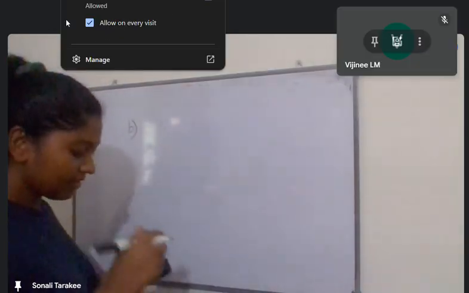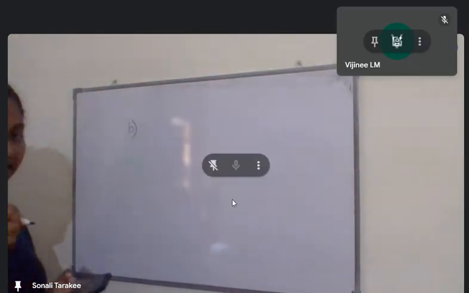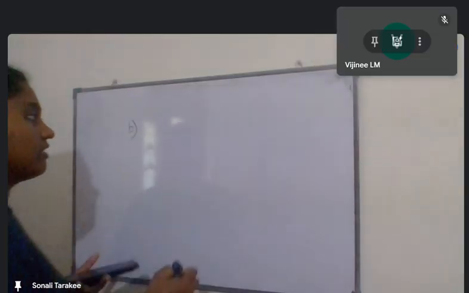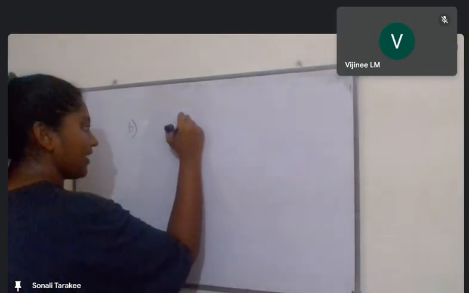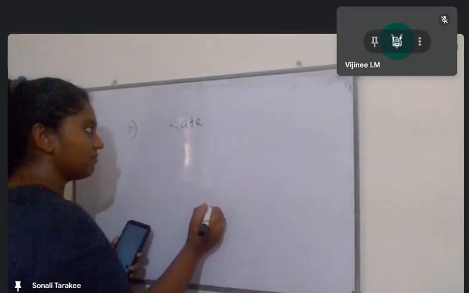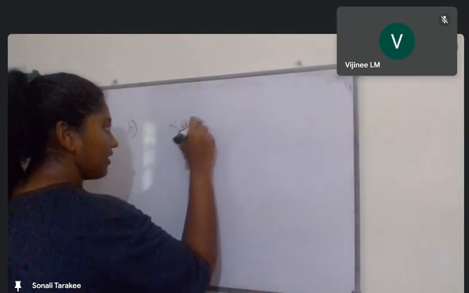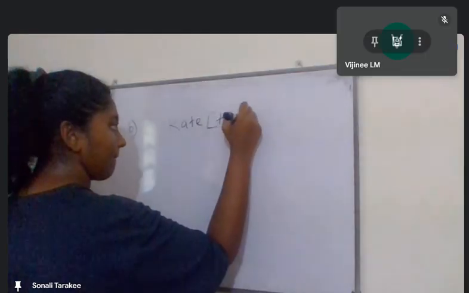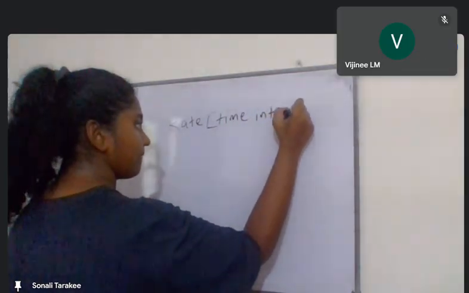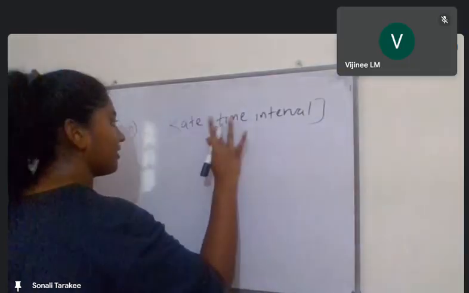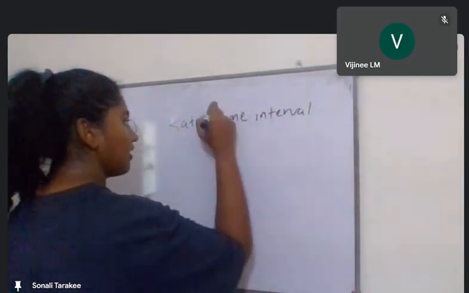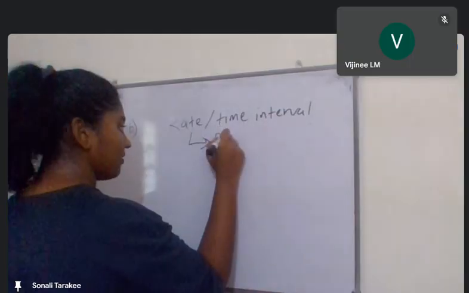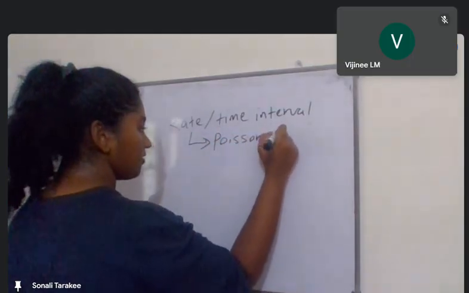Okay, now in the statement it says 300 hits per hour. If there is a rate for a time interval, that is definitely Poisson distribution.